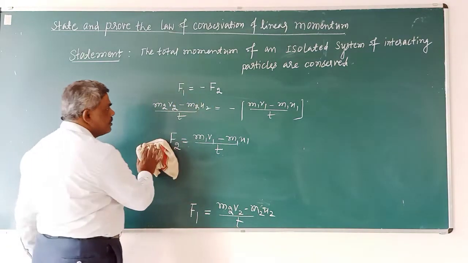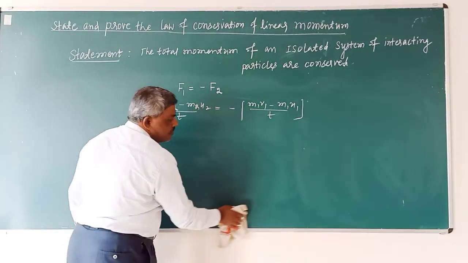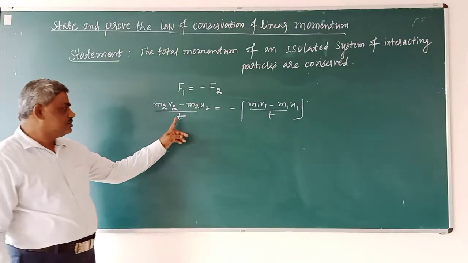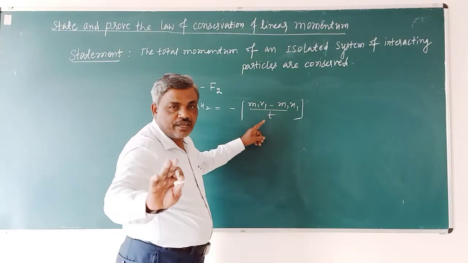Now substituting the F1 value and F2 value. So now what happened? The left side denominator t and the right side denominator t are both cancelled.